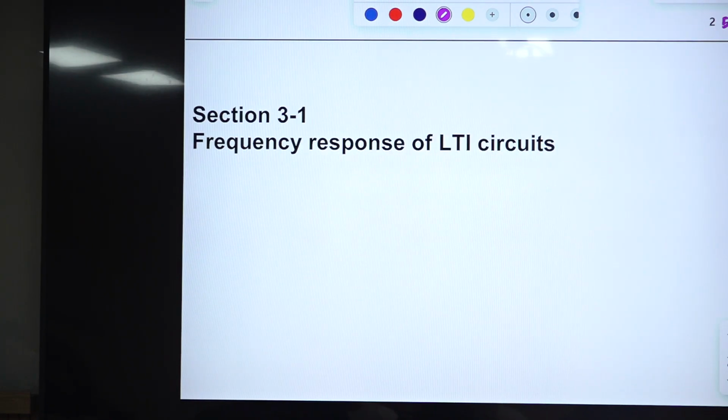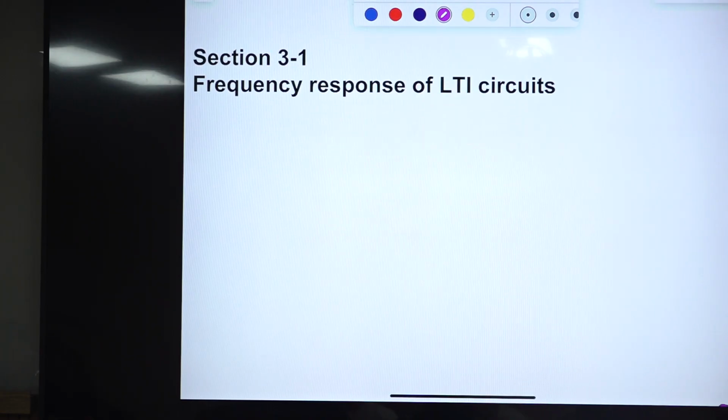So first, we discuss the well-known frequency response of linear time invariant circuits or systems or networks. So by definition, suppose there is a linear time invariant system. So in the input, you apply vi1(t).